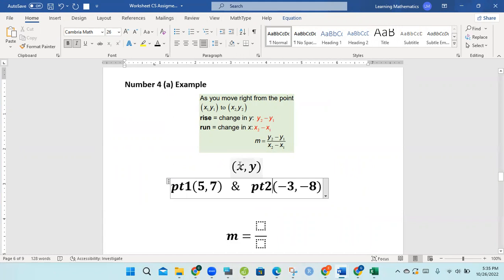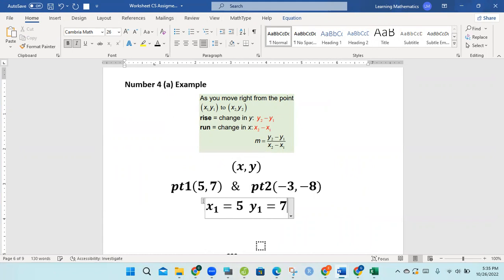So clearly, x1 looks like 5. Y1 looks like 7. And x2 now looks like -3. And y2 looks like -8.